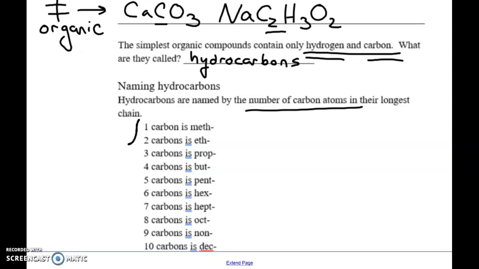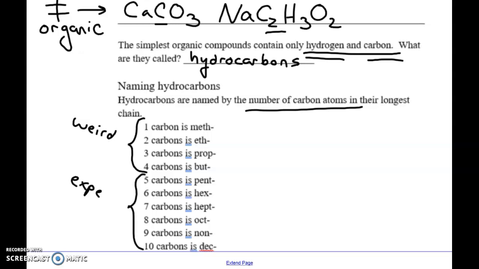The first four of these, I would argue, are a little bit weird. They don't really relate to the number: one being meth, 2 eth, 3 prop, and 4 but. These are definitely not really related to the number. However, you look at 5 and it's pent, you look at 6 and it's hex. These are more what you would expect.